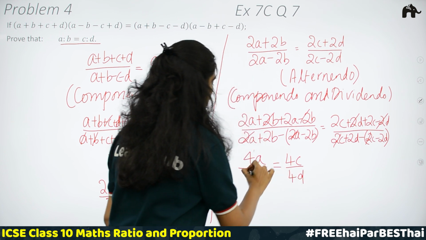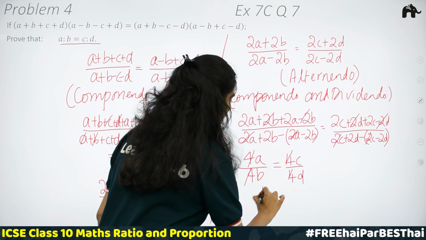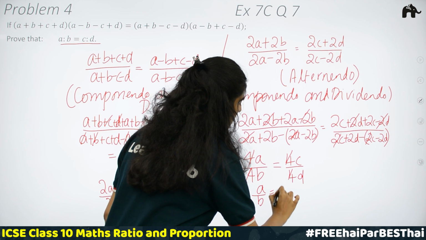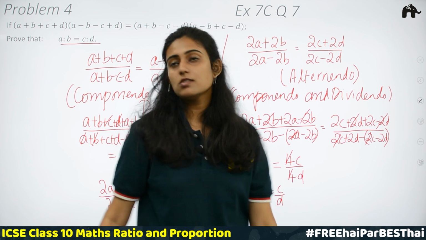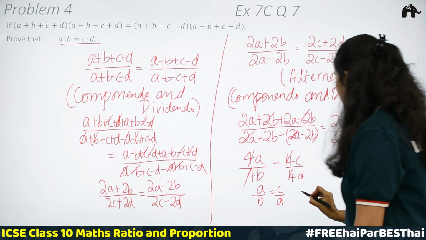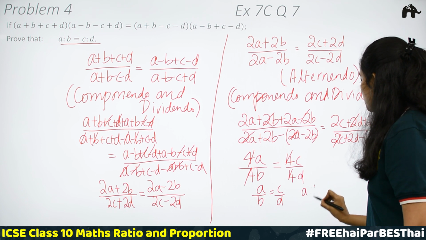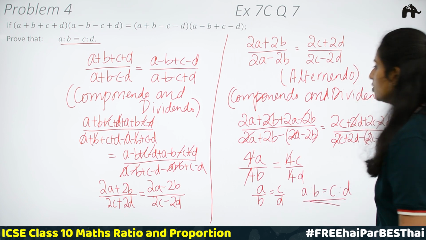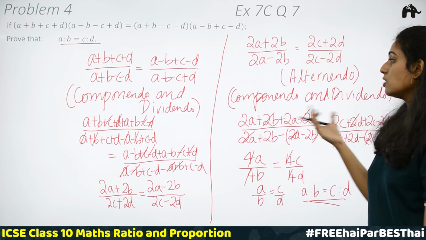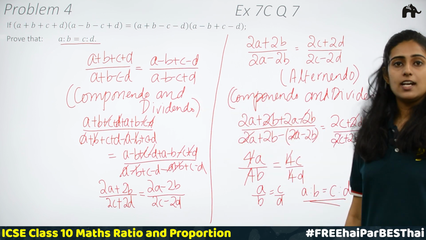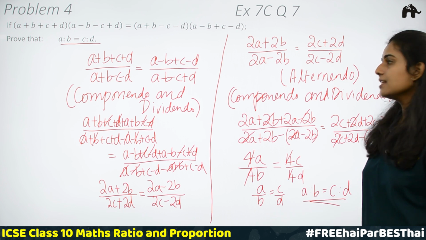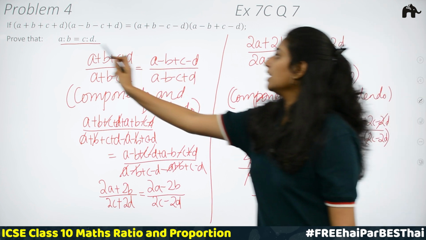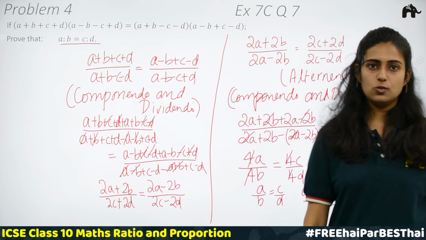Cancelling 4's we will be having a by b is equal to c by d. This is what we had to prove. We will be getting a is to b is equal to c is to d. We have used the alternando property and twice we have used componendo and dividendo property to solve this question to get a is to b is equal to c is to d.